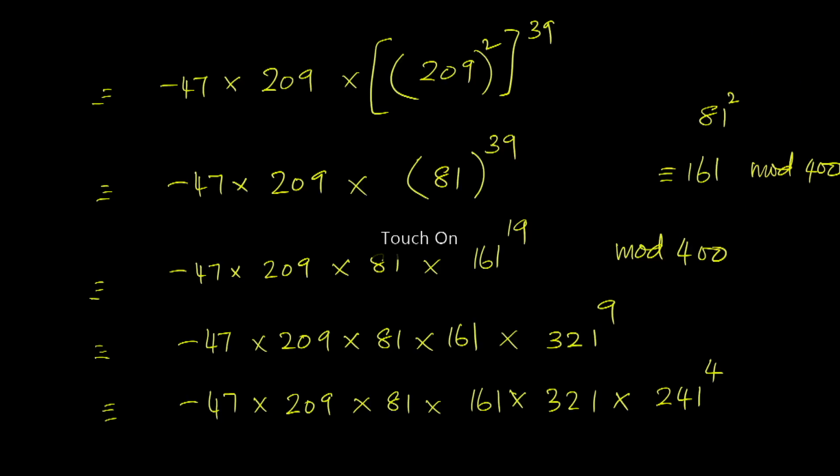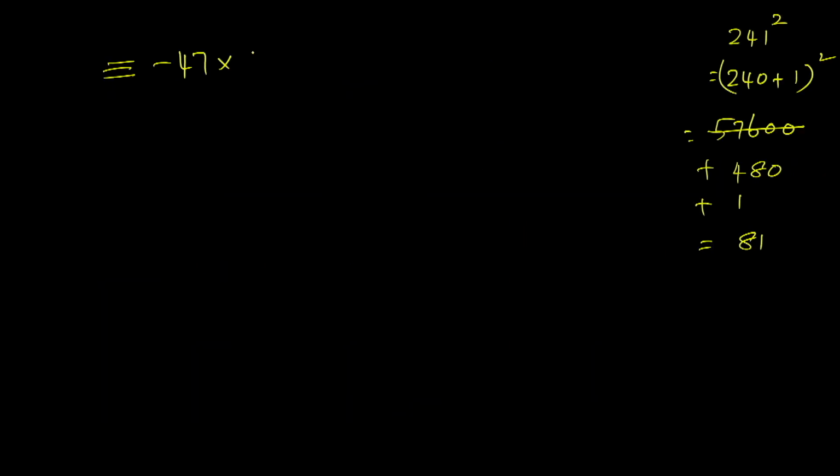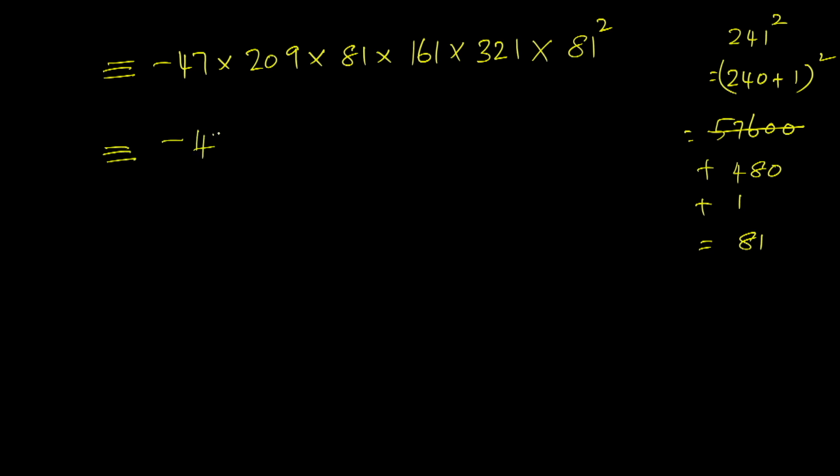So this is 81 squared, we have already seen is 161. Since 81 squared is congruent to 161, this is congruent to this expression. But we have already seen that 161 squared is congruent to 321.